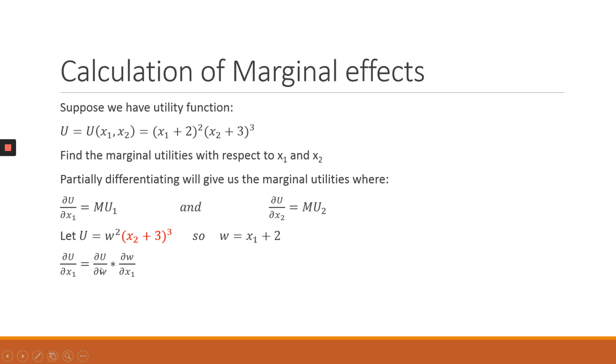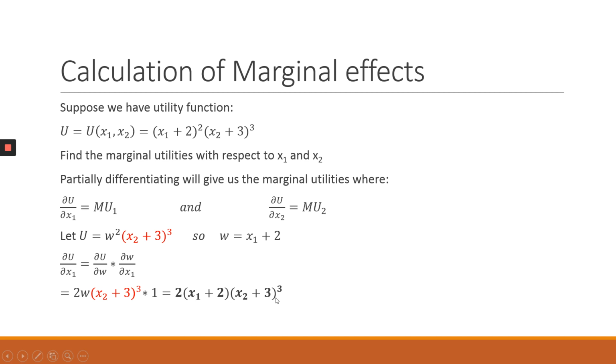So for the first element, the partial derivative of u with respect to w, the other bracket is a constant, multiplied by the derivative of w squared, which is going to be 2w, right? And then we multiply this answer by the partial derivative of w with respect to x1, which from this function is 1, right?